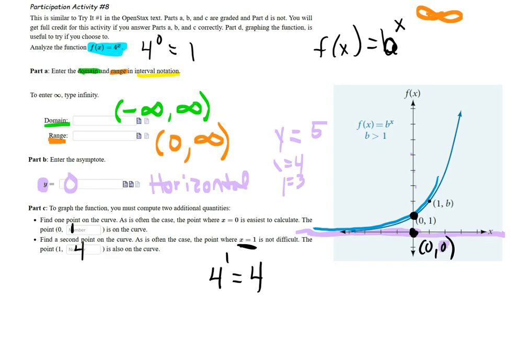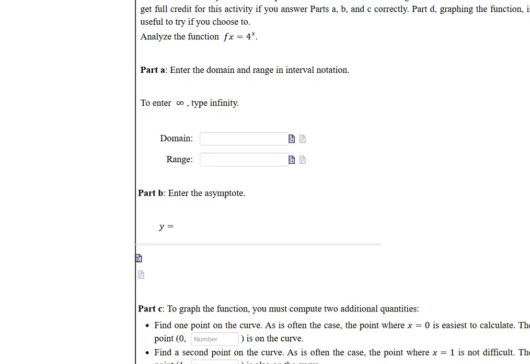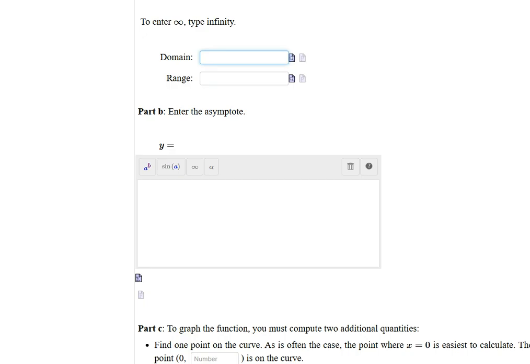All right, so let me jump back to Mobius and the domain. Enter infinity. They're not giving me an option to type infinity. I really wish, like down here, here's the equation editor. Why aren't you giving me this equation editor up here so I can type in the infinity? Whatever. Parenthesis, negative infinity, comma, and then it's just positive infinity.